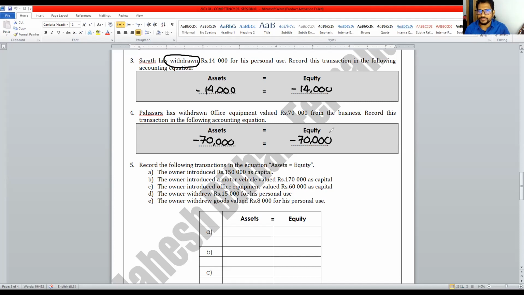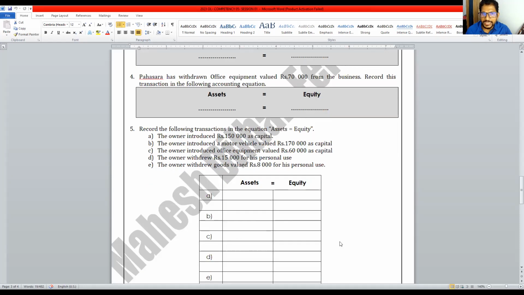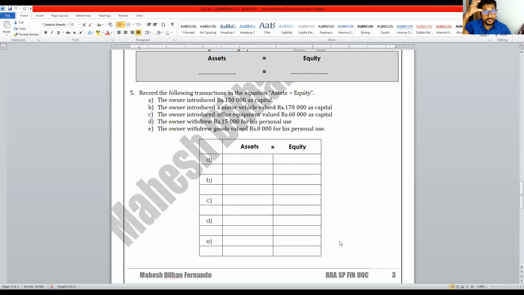And let's get back to the 5th activity. Activity number 5. The owner introduced 150,000 as capital. Now what happens? Assets plus 150, and equity plus 150.